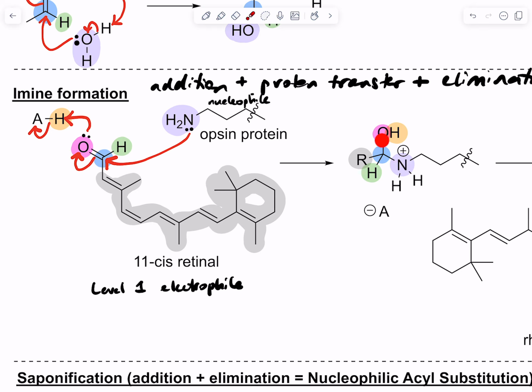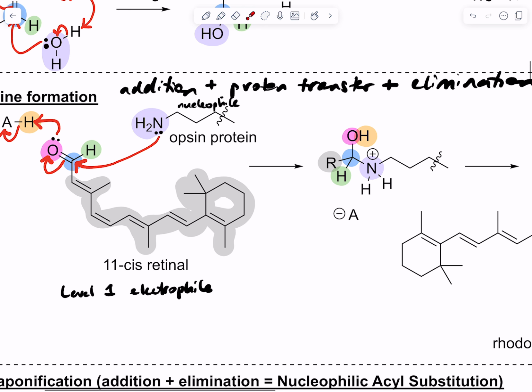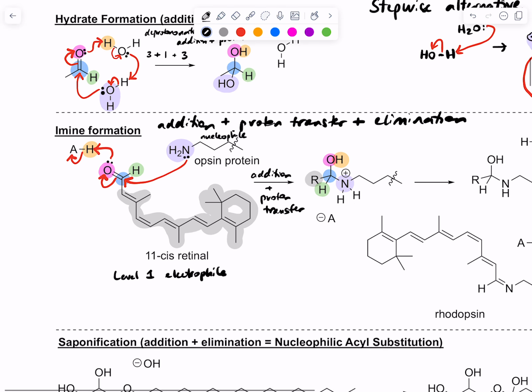That accounts for the sigma bond between carbon and oxygen, and it accounts for the OH bond here and the presence of the conjugate base there. So what we just did was a combination of addition and proton transfer. If you wanted to show that stepwise and redraw the structure, you certainly could.